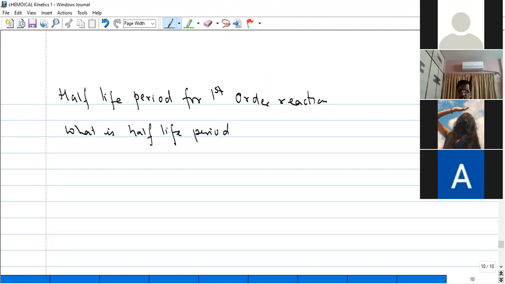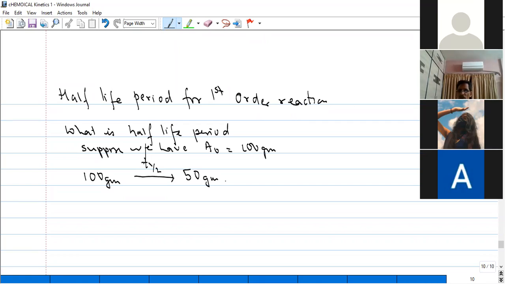Suppose we have A0 as 100 gram, initial concentration 100. The time taken for this 100 gram to become 50 gram is called a half-life period. The time taken for 50 gram to become half is also a half-life period.